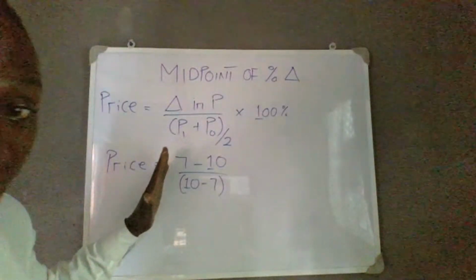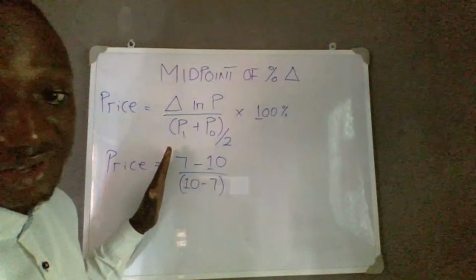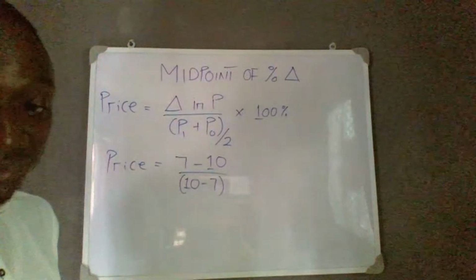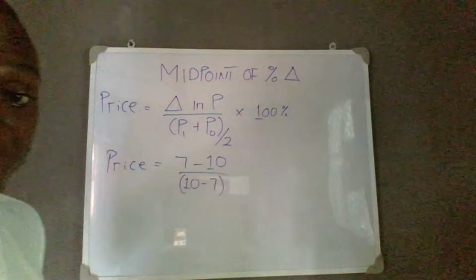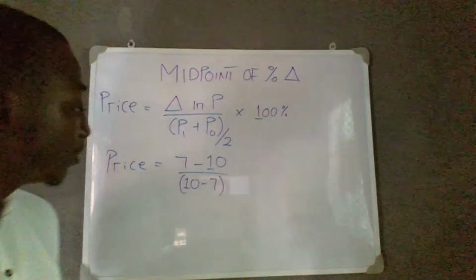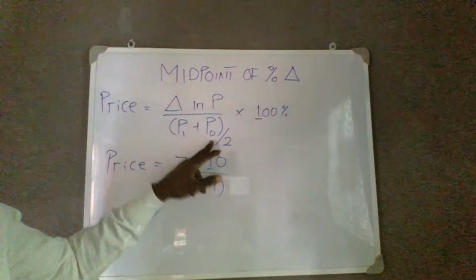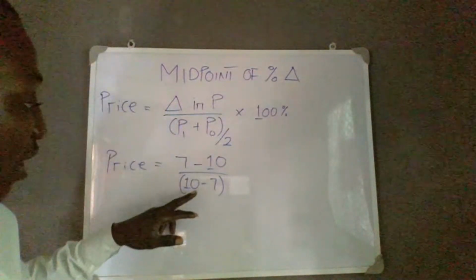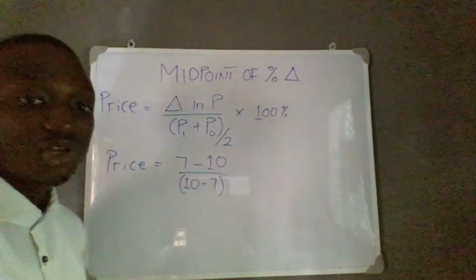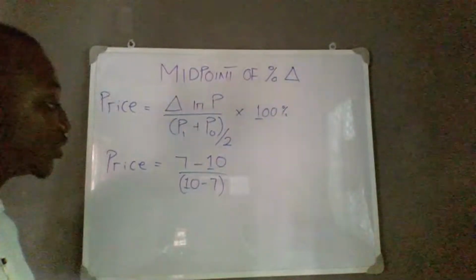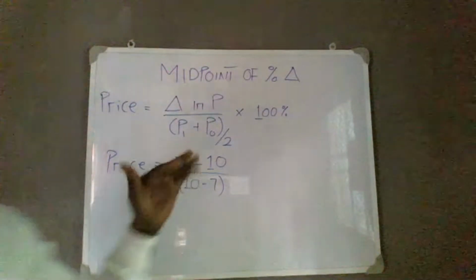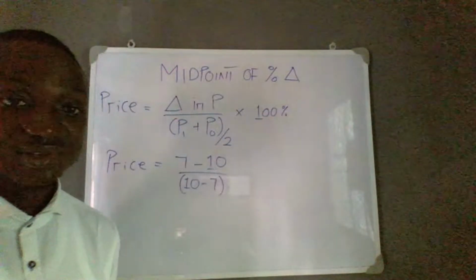This is extracted from our last class, the example where the quantity demanded increased as a result of decrease in price, drop in price. So it was from 10 naira dropping to 7 naira, so there was an increase in quantity demanded.